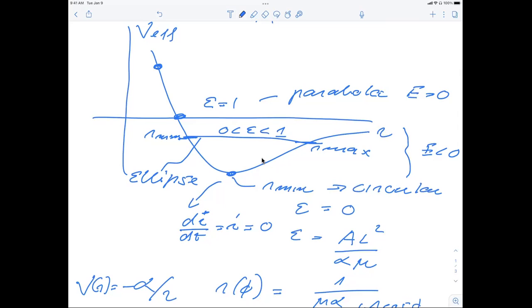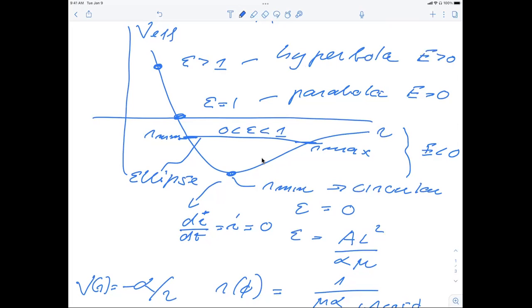You could think of these as turning points. In this particular case, we had epsilon larger than 1, and then we got hyperbolic motion, hyperbola, and this corresponded to an energy larger than 0.